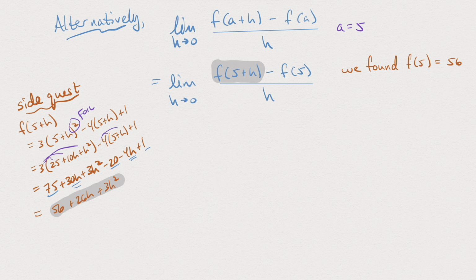So the result here is the limit as h goes to 0 of that result, 56 plus 26h plus 3h squared minus f of 5, which we found to be 56, all over h.